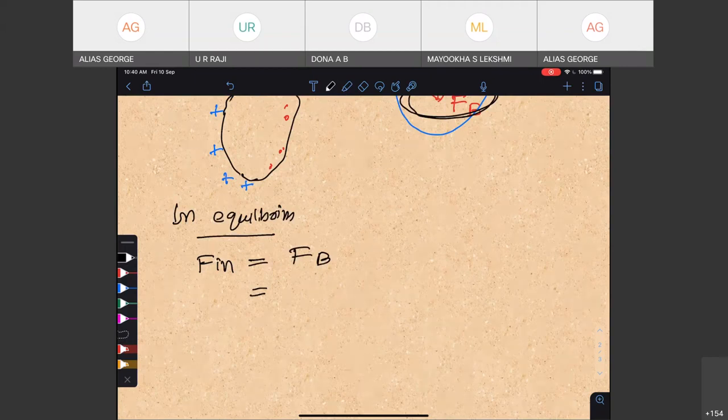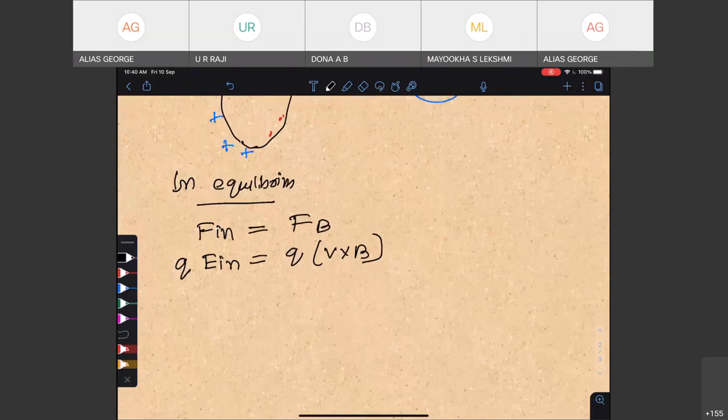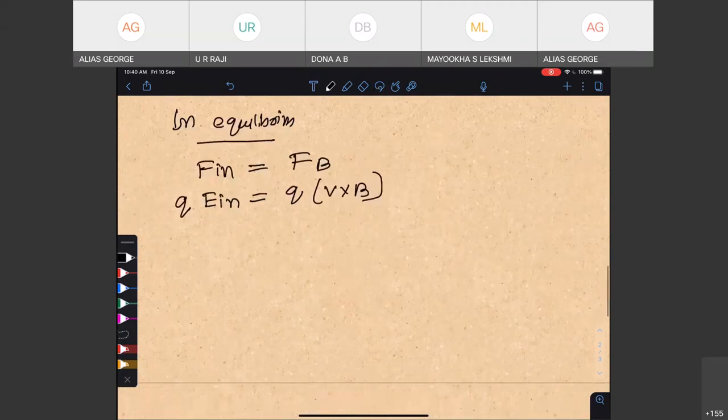The basic equation you can say is Q into V cross B, and you can also say this is Q into the induced electric field. Don't worry, I will ask some questions in order for the class to continue. That's the only purpose. If you don't know, you can say no problem.